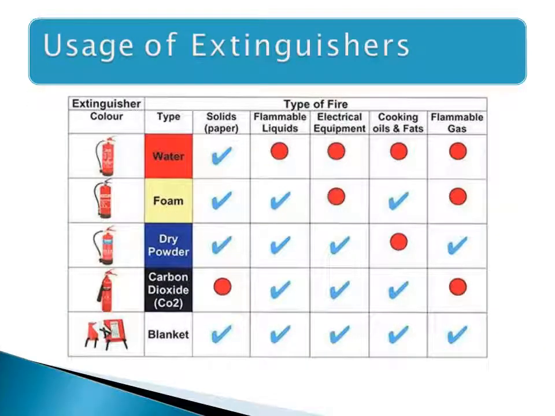Usage of fire extinguishers. A-class fire extinguisher, water type, used only for solid fires. Foam type is used for solids, flammable liquids and cooking oils, class F. Dry powder used for solids, flammable liquids, electrical equipment and flammable gases.